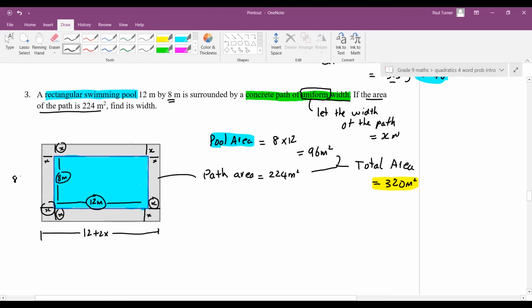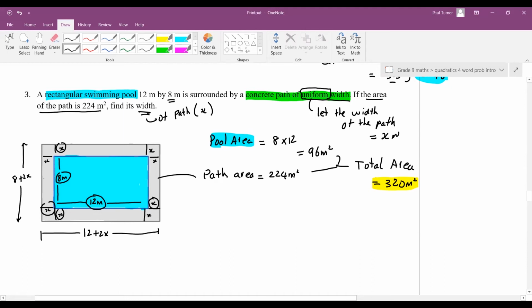So this will be 8 plus 2x for the total length, including the path. Okay. In the question, it says find its width. So I should have said width of the path. Okay. So this is width of path. And the width of the path is x.